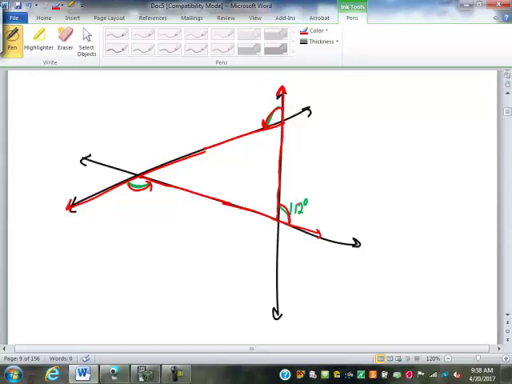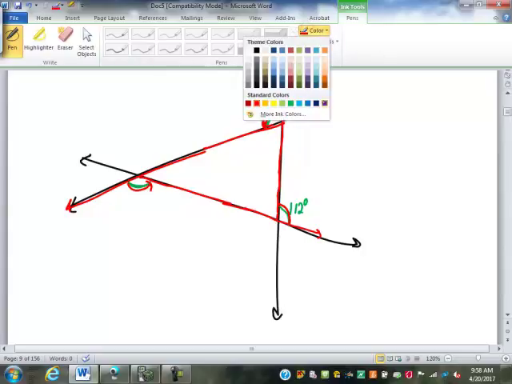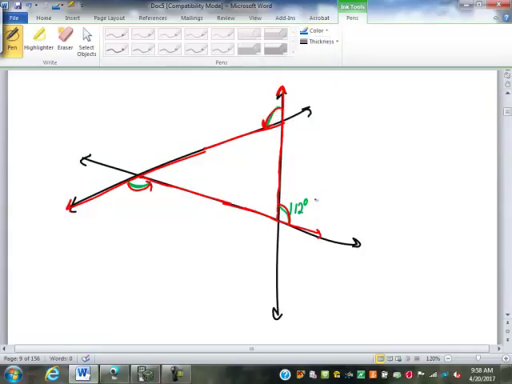How many degrees have I turned? I've made a complete circle, or 360 degrees. Those 3 angles must add up to 360 degrees. So I'll call this angle 1, 2, and 3. Must add up to 360 degrees. These angles I'll call 4, 5, and 6.